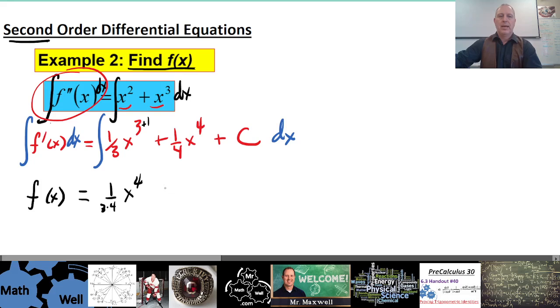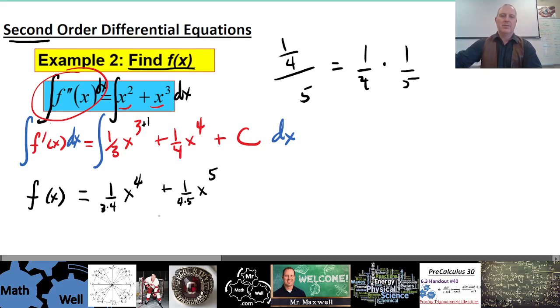Over here, we're going to have x to the fifth, and 1/4 divided by 5, or 1/(4 times 5). 1/4 divided by 5 is the same as multiplying by 1/5. That's why I'm multiplying the bottoms.